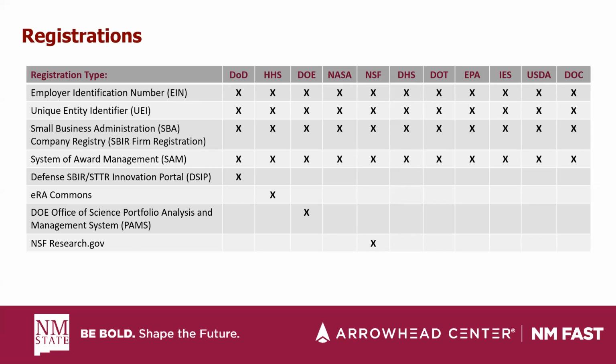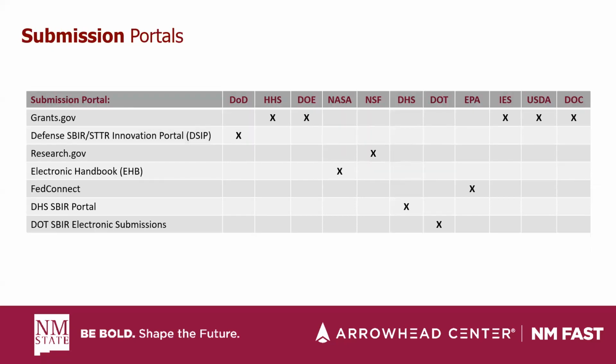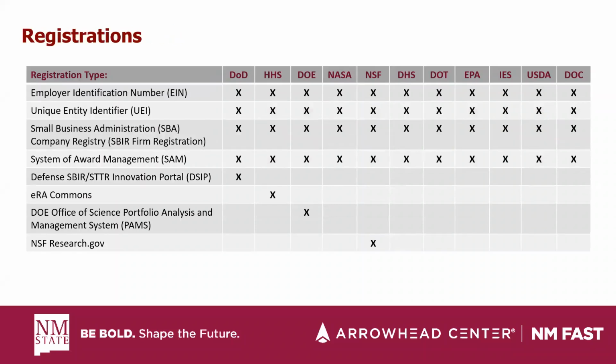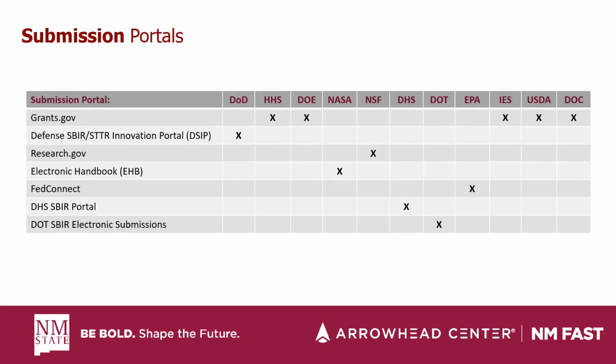And then depending on the agency you're applying to, you will have additional registrations. What we recommend is if you're even remotely interested in an agency, to just go ahead and register. It doesn't take too much time. Some of them do take time, and all of the registrations are free. So we recommend just go ahead and register. It doesn't hurt to register, even if you don't end up submitting to that agency.